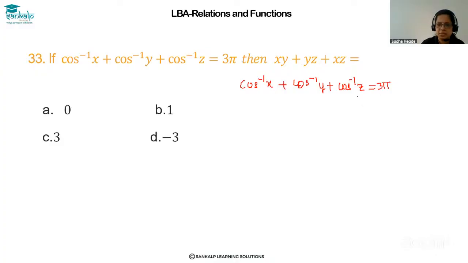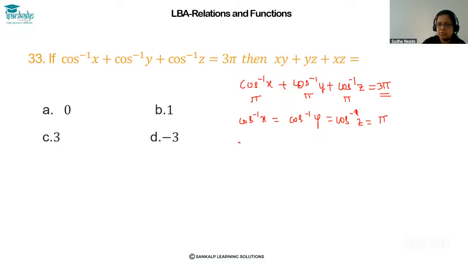But maximum value of cos inverse x can be pi. So each one, if you have the value as pi, then only you can get this as 3 pi. Therefore, cos inverse x is equal to cos inverse y, that is equal to cos inverse z, that is equal to pi.